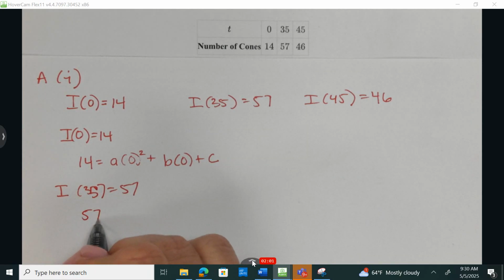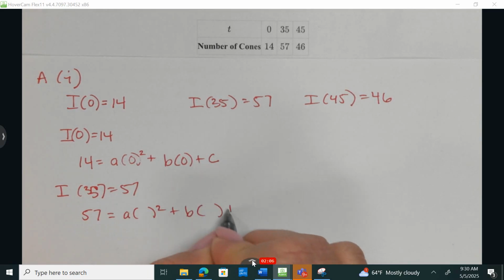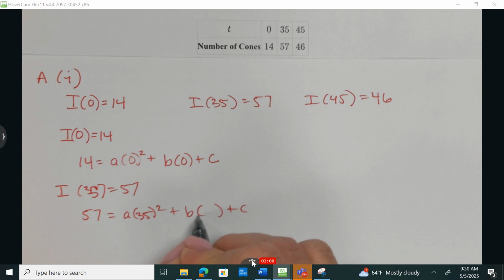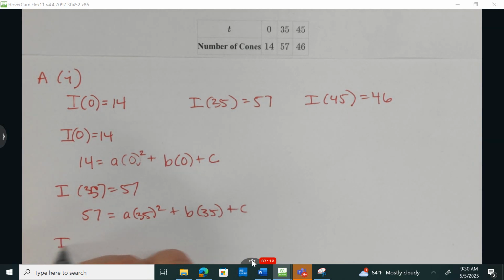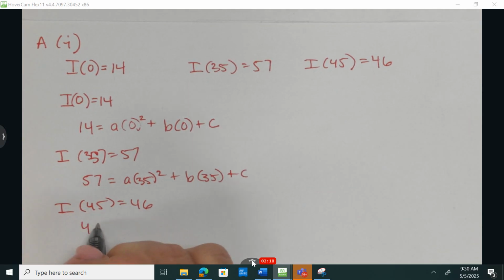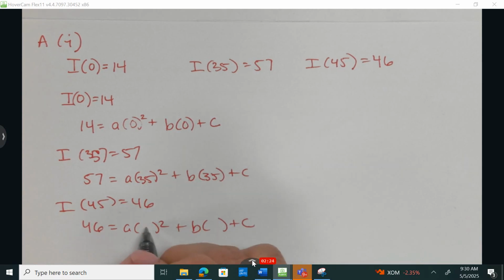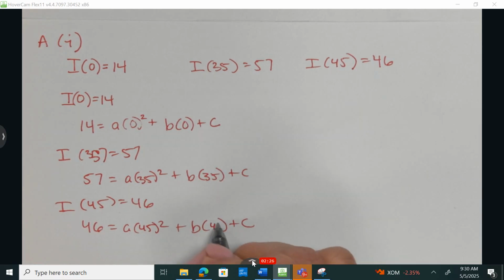The same thing, the output value is 57 when T is 35. And lastly, I of 45 equals 46. So we have 46 equals A, B, and C, substituting 45 in for the T value. So those are my 3 equations.